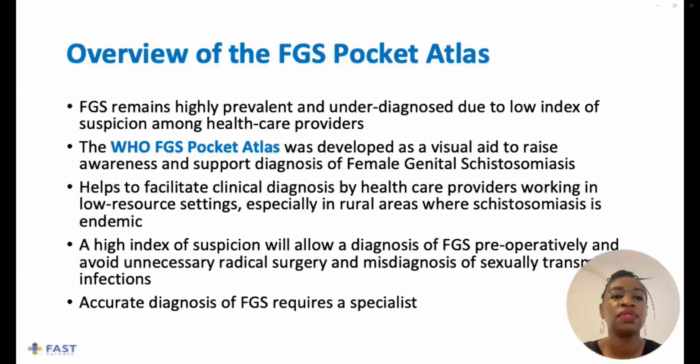Part of the reason was to help them have a high index of suspicion, especially in areas where FGS remains highly prevalent. In essence, a high index of suspicion allows the diagnosis of FGS preoperatively and avoids unnecessary radical surgery, as well as misdiagnosis of STIs.